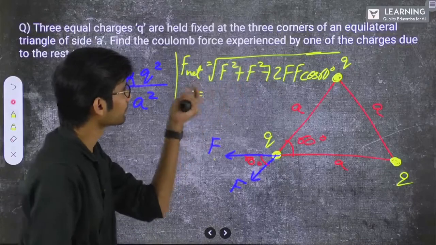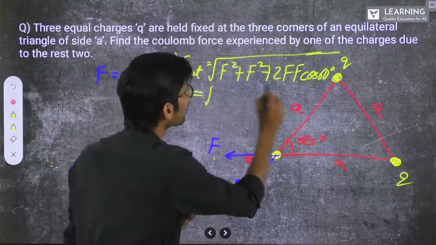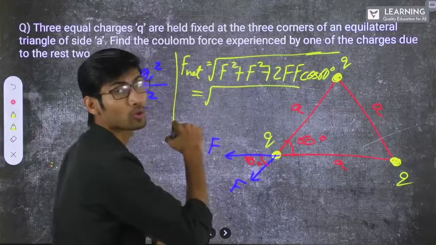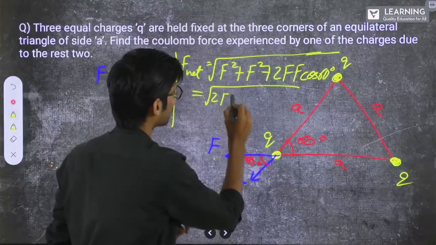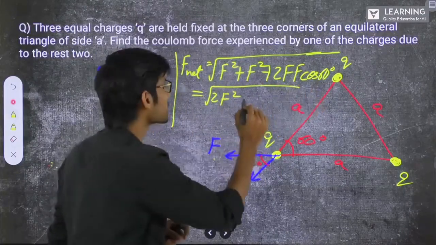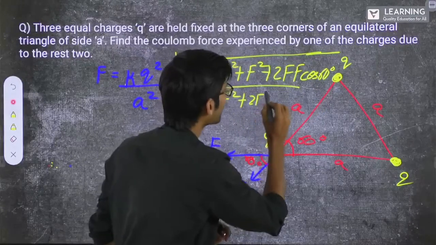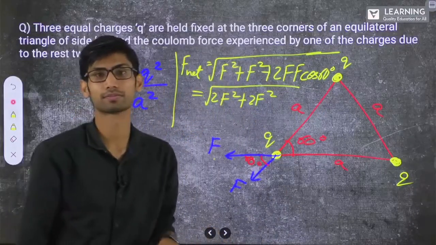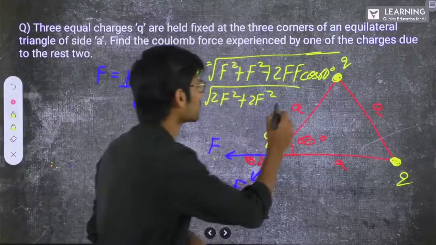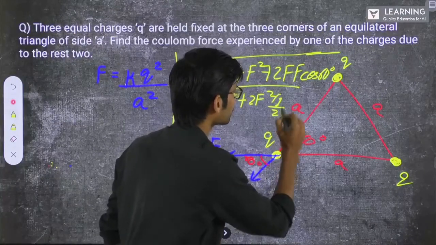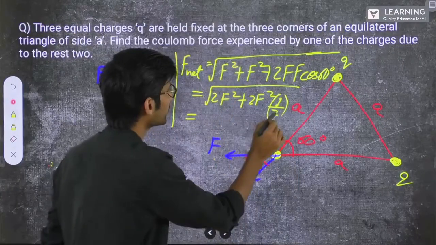Now here, this will be F square plus F square, 2F square, plus 2F square cos 60. 2F square cos 60 is how much? 1 by 2, so this 2 and 2 will be cancelled.